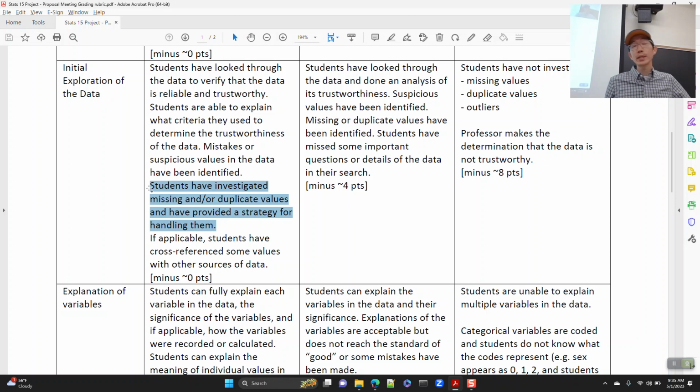But I want to know what your strategy is for dealing with the missing values. Maybe you will say, all right, we're just going to throw away rows with missing values. Like if you're doing an analysis on movies and you need the IMDb score, and a movie for whatever reason doesn't have the IMDb score, then obviously you can't include that in your data set.